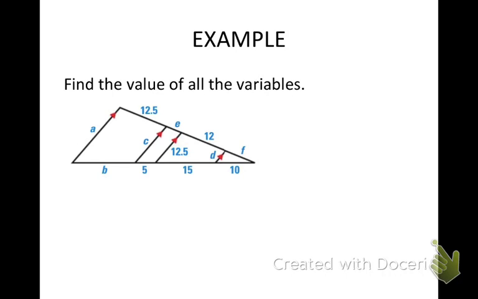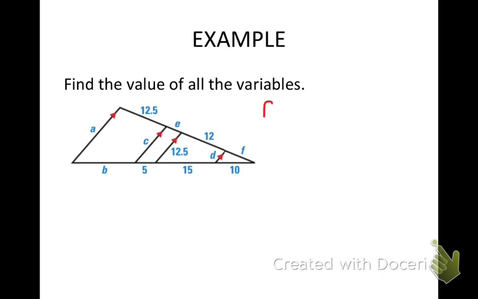So if we first start on the sides, because all of our theorems said, if you remember from our first theorem, it says if a line is parallel to the third side of the triangle, then the segments created are proportional. So give me a ratio to solve for f. F can physically go over what? 10.